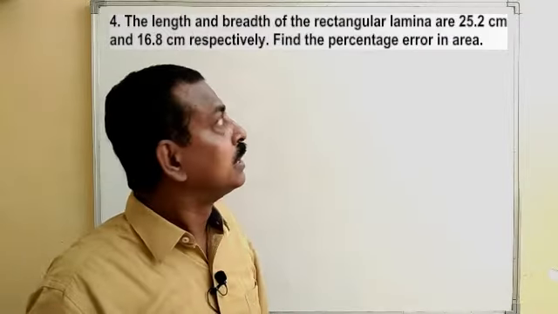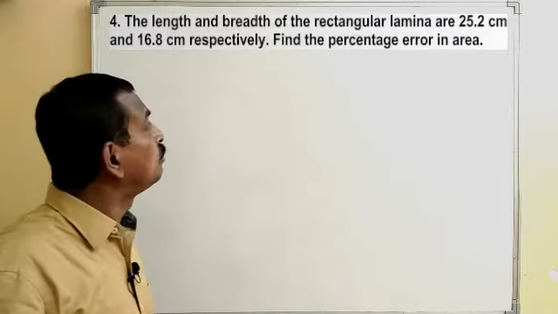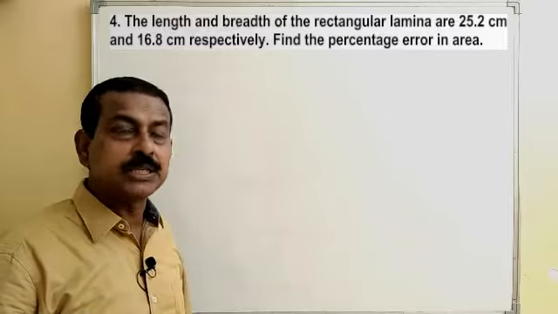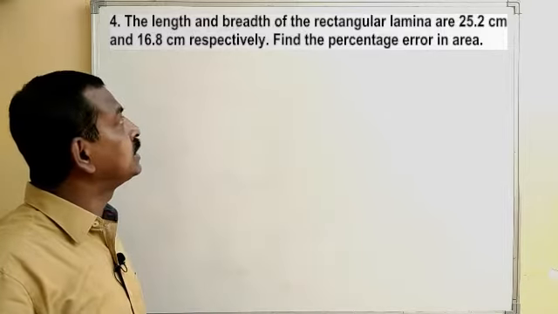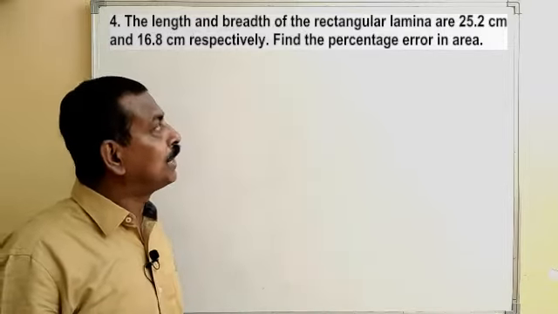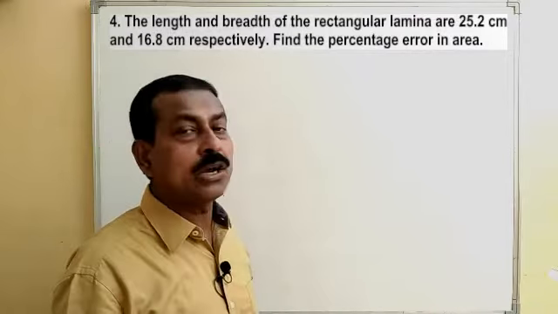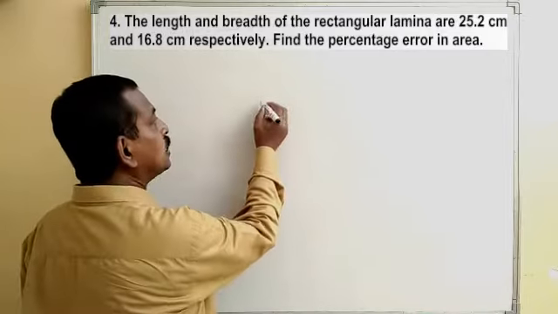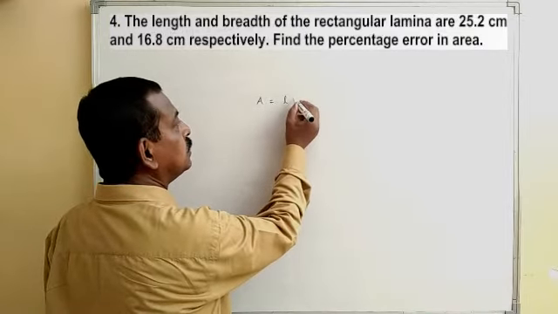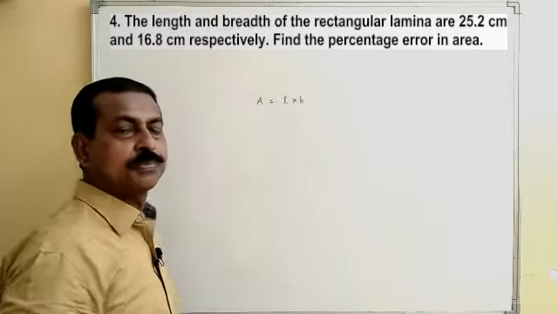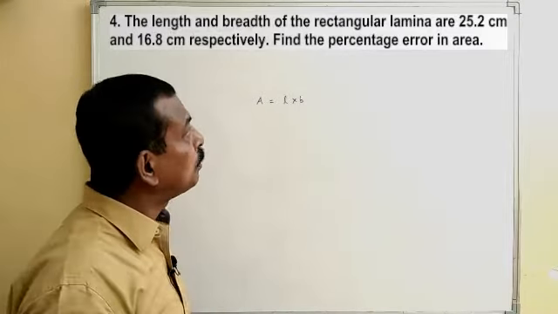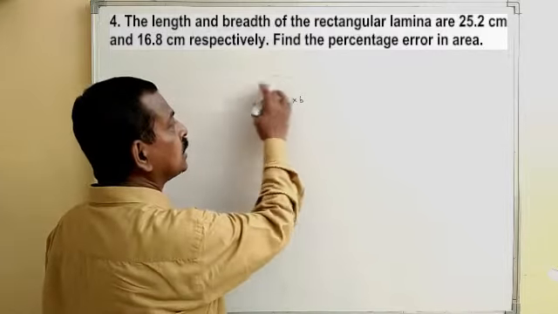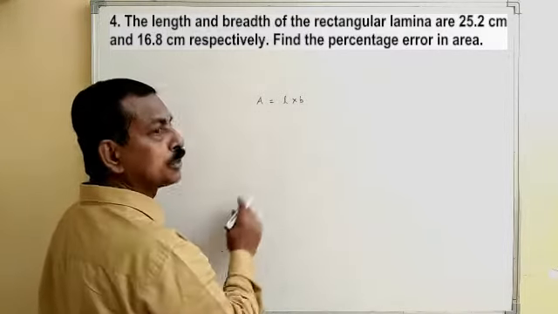Next question is, the length and breadth of a rectangular lamina are measured to be 25.2 centimeter and 16.8 centimeter respectively. Find the percentage error in area of the lamina. Now, area of the lamina, you know that we can write it as length into breadth. And for percentage error in area, it is just like the percentage error of the product of two physical quantities.